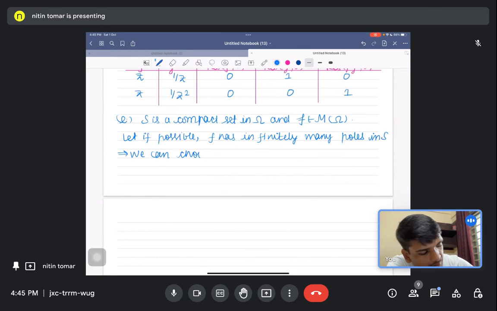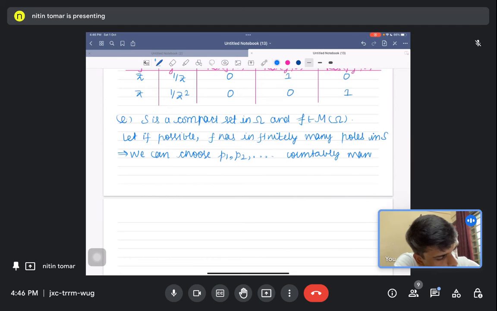Just choose arbitrarily, let's say P1, P2, and so on. Because it has infinitely many, I can choose at least countably many poles in S, correct? Yes.